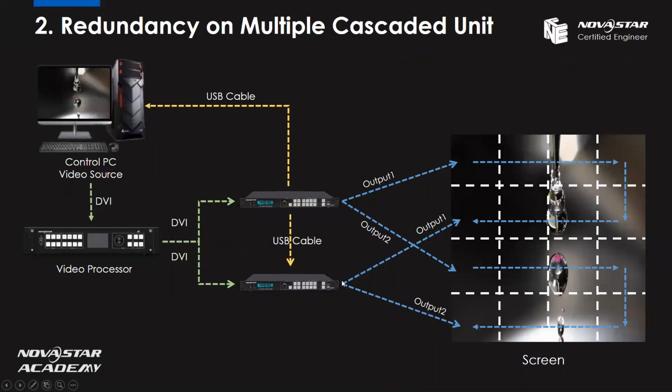The second one, the backup VX4S, uses port 1 to connect to the last panel of port 1 of the primary, and port 2 of the backup connects to the last panel of port 2 of the primary. So this is the hardware connection to do the cascaded unit redundancy configuration. Okay, after we finish this hardware job, let's see what we need to do on the software part.